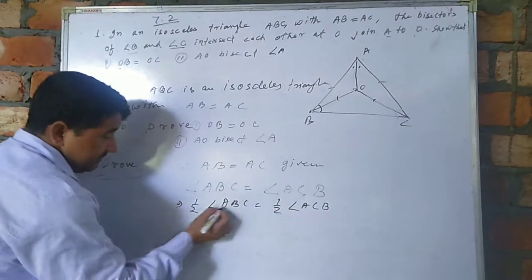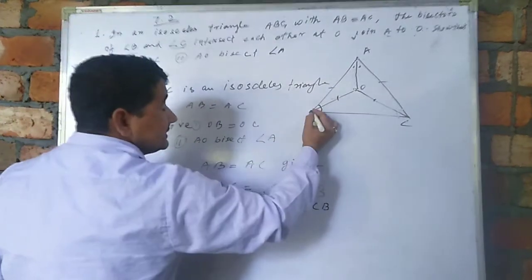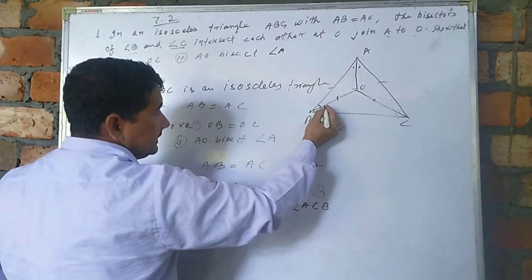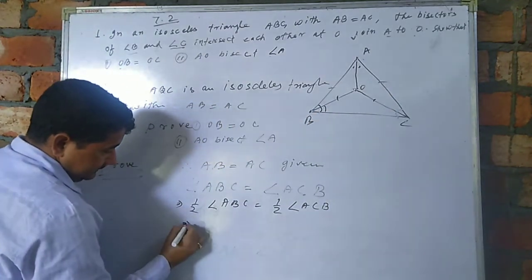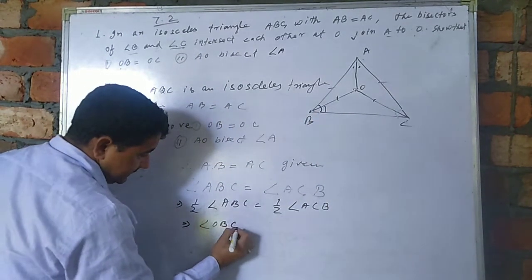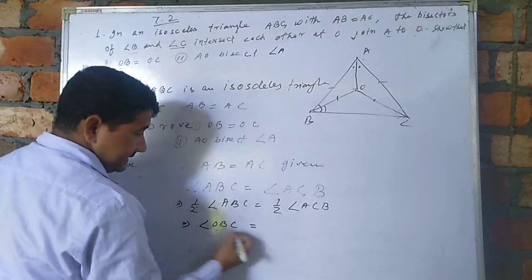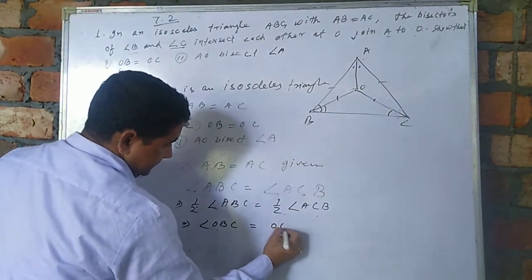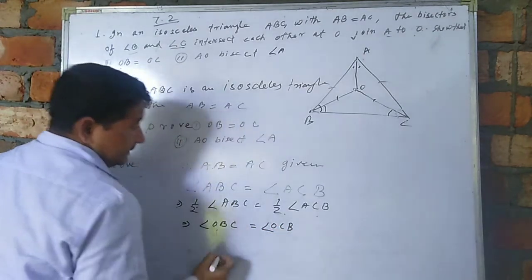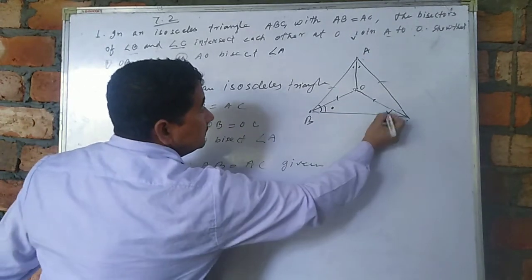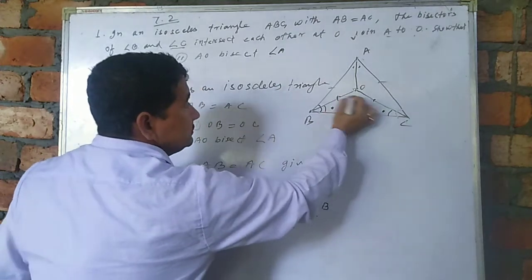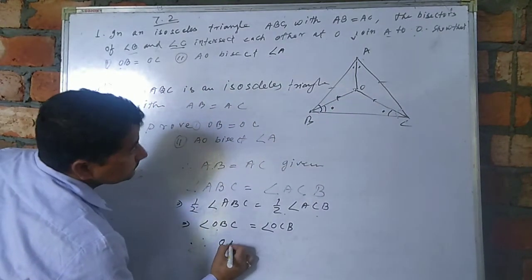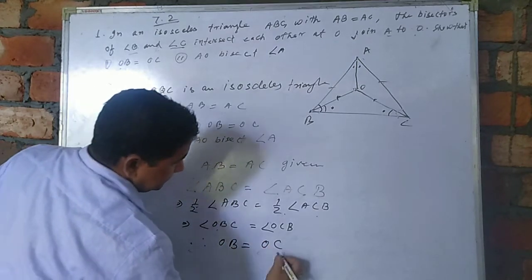Half of ABC is equal to OBC, and half of ACB is equal to OCB. These two angles are equal, and therefore these two sides are equal. Therefore, OB is equal to OC.